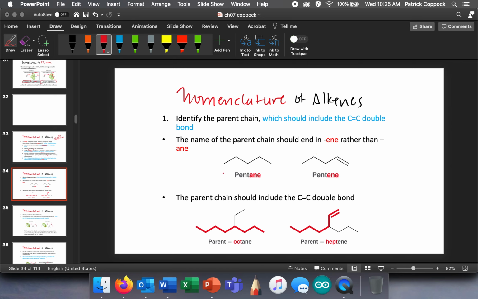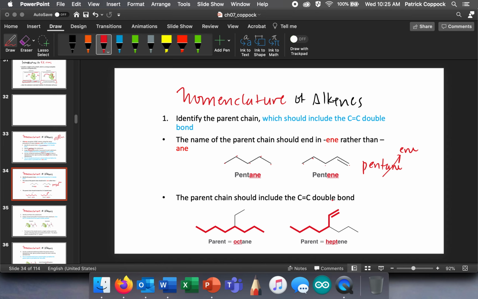So let's look at this structure. This would be pentane, 1, 2, 3, 4, 5. The parent chain that has the double bond in it is pent, so we say pent. If I'm not thinking super clearly, I'm going to go pentane and just change that to -ene.